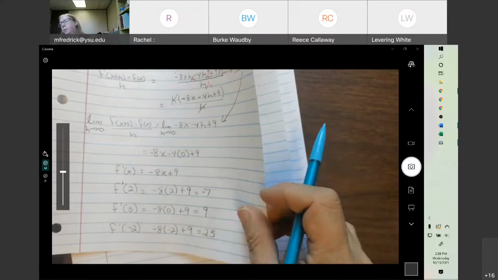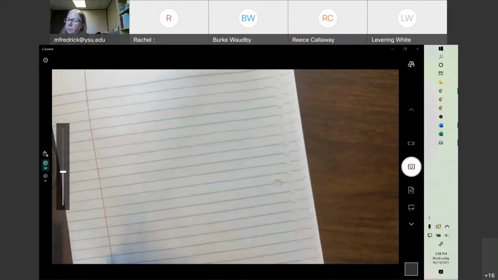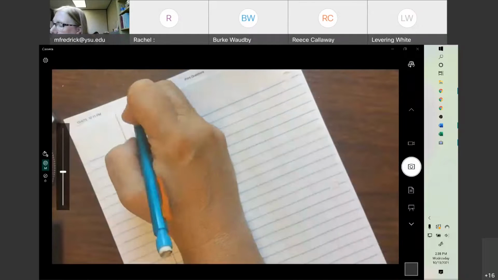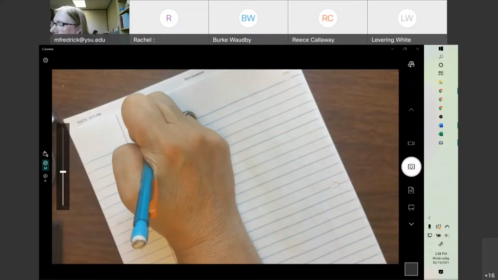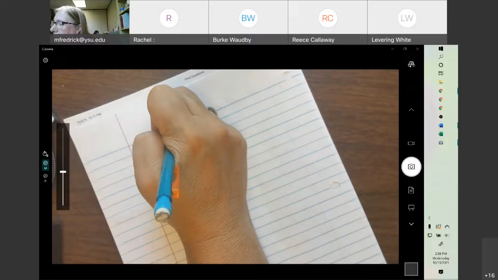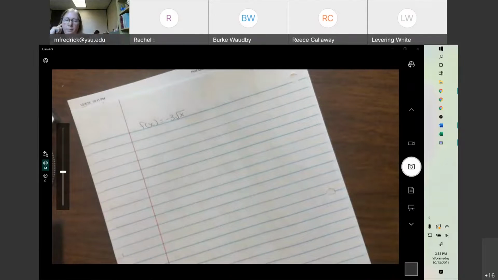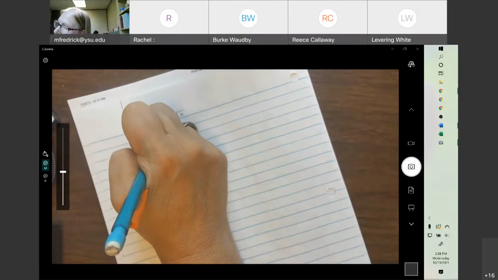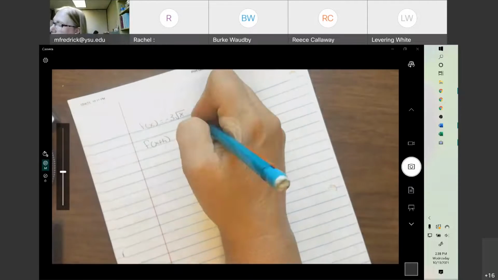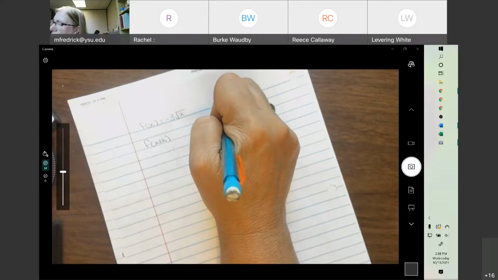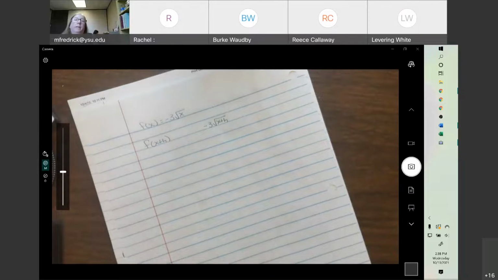Okay, let's try a square root. When you have a square root, notice if we find f of x plus h, there's nothing to simplify.